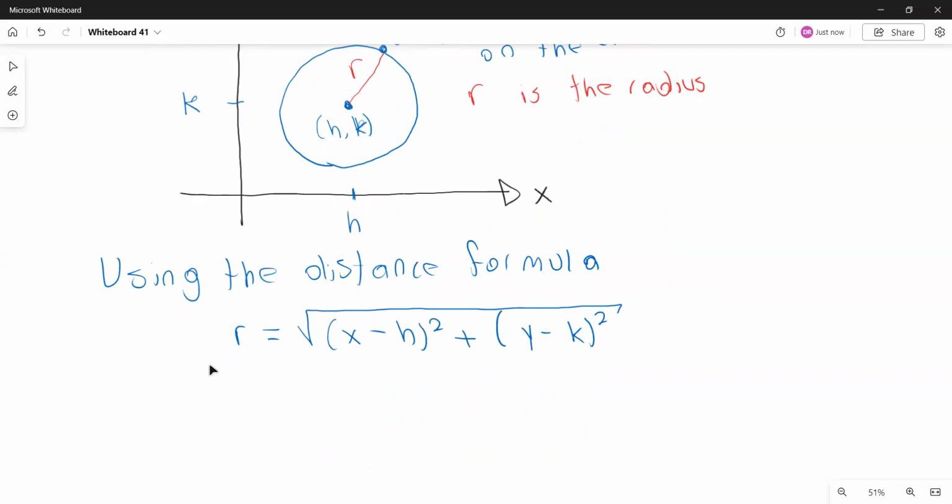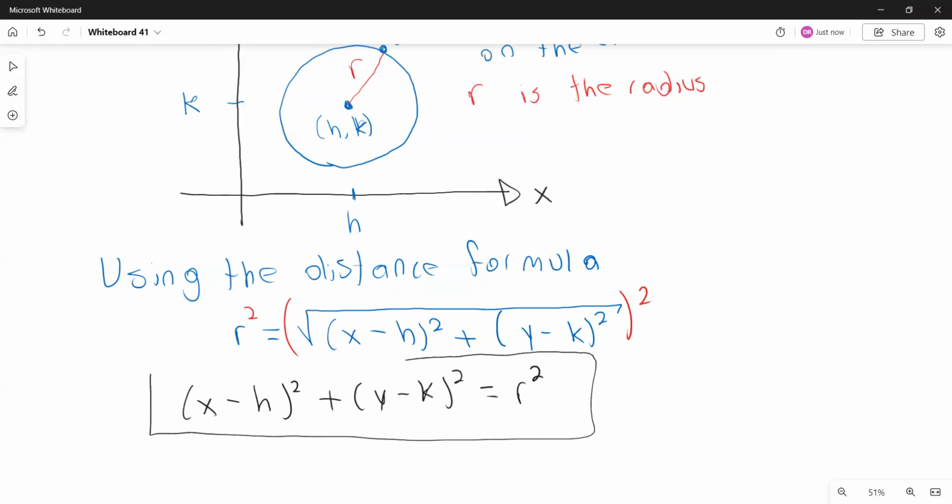But to get rid of that square root, most of the time you're going to see it with both sides squared. And the way you'll see the formula in most books is x minus h squared plus y minus k squared equals r squared.